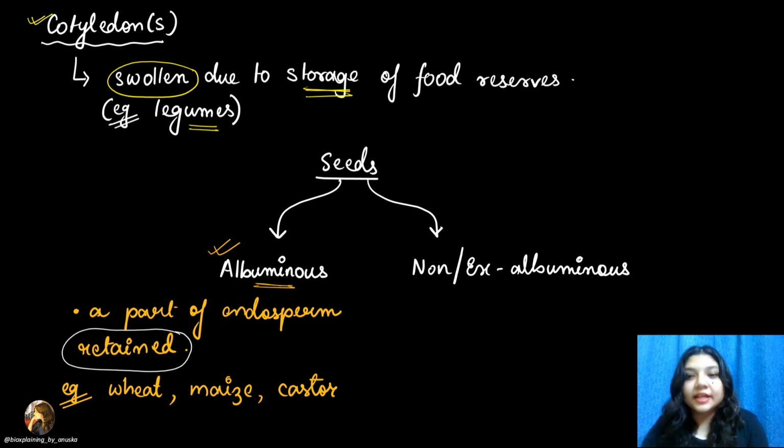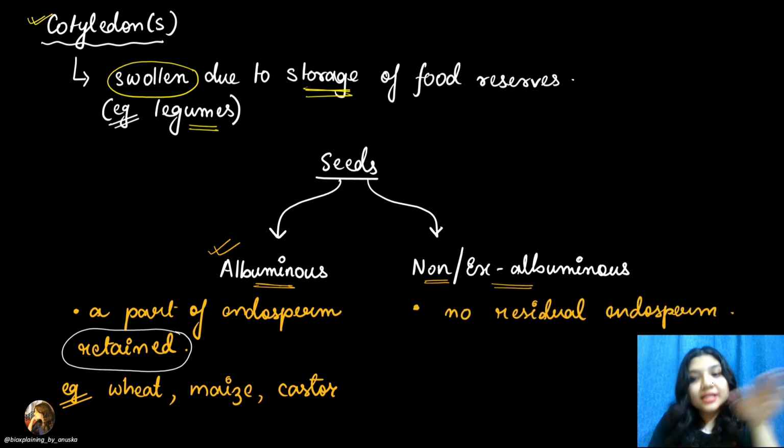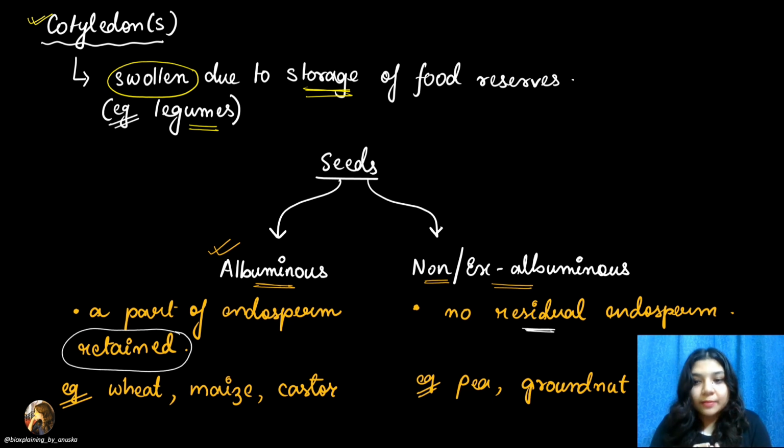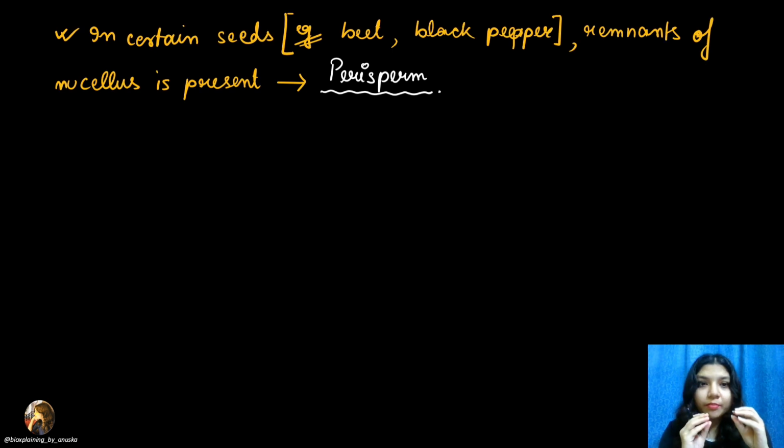On the other hand, what are non-albuminous or ex-albuminous seeds? In these seeds the endosperm is completely used up. There is no residual endosperm present. Okay? Examples: pea, groundnut, etc. Good to go. In some seeds, some part of the nucellus is also present as a remnant, right?